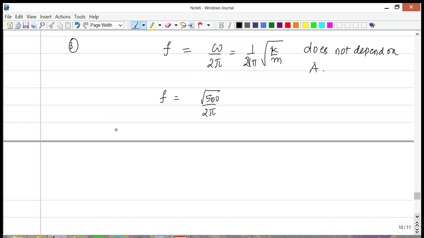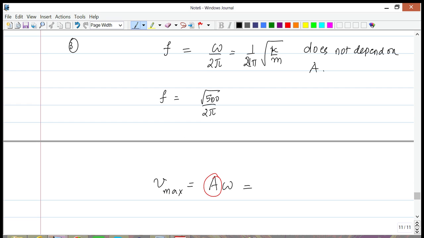Let us look at the speed. On the other hand, the maximum speed is equal to A times omega. You see here, it depends on the amplitude. So when we change the amplitude, we are changing the maximum speed. This should make sense physically, because when we increase the amplitude, we've essentially poured more energy into the system. If we're pouring in more potential energy, then at the point where the potential is 0 and it has all kinetic, that kinetic energy has to increase.